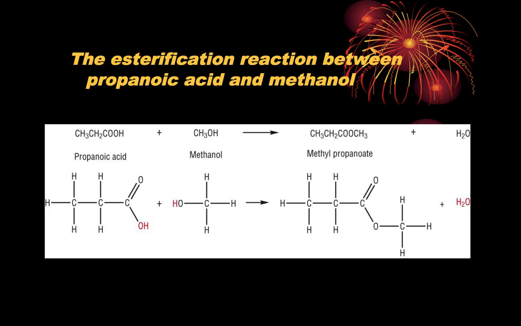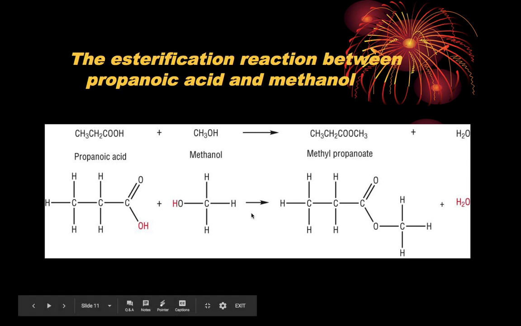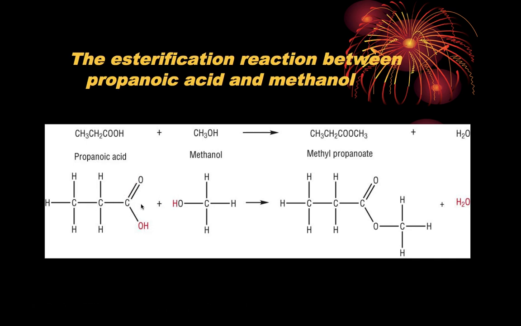So here, if we're to make an ester, we've got 1, 2, 3 carbons, and then we've got the carboxyl group on the end. So this is propanoic acid. We're going to combine it with methanol, CH3OH. So what happens in this esterification reaction?